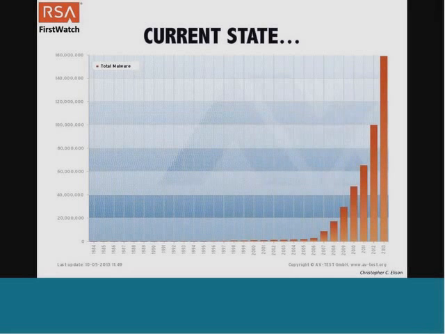Also, this only represents malware that has been discovered. It doesn't account for malware that hasn't been discovered yet. One of my friends in the industry estimates that you multiply all of those that have been discovered by 4, and that's the number of malware that hasn't been discovered yet.